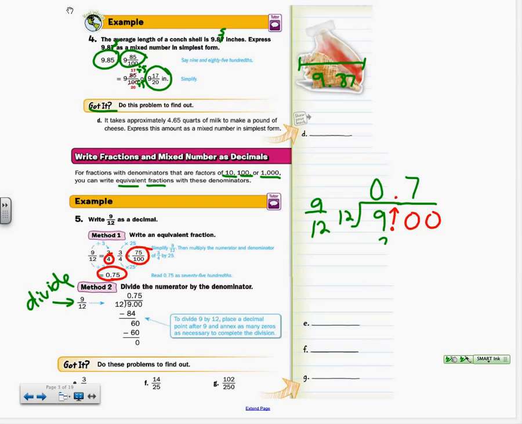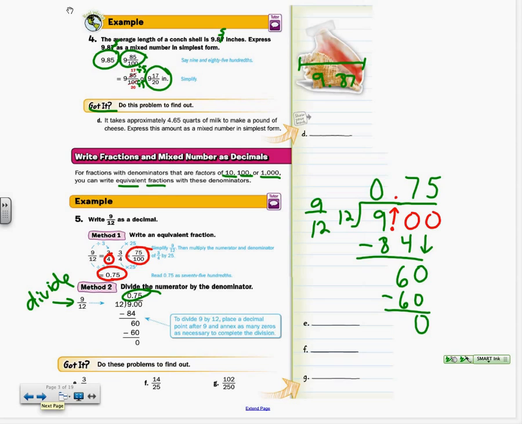And 7 times 12 is 84. Subtract and you get 6. Bring down that 0 that we annexed. 12 goes into 60 5 times, and 12 times 5 is 60. So that is how 9/12 could also equal 75 hundredths.